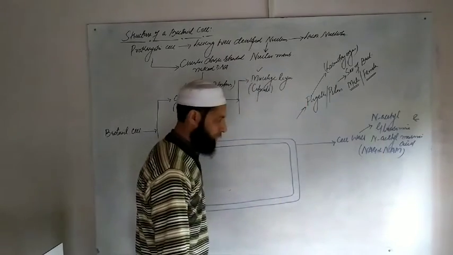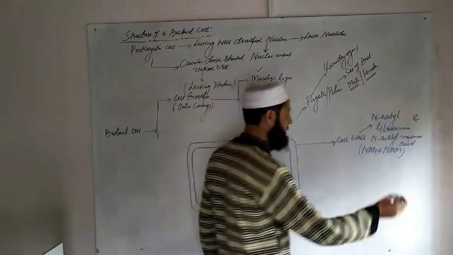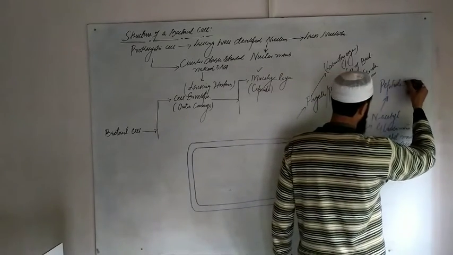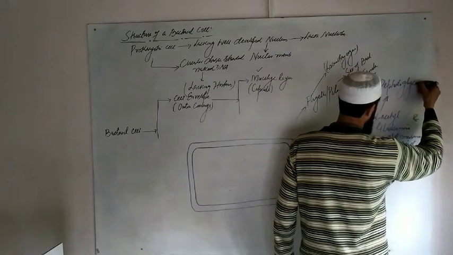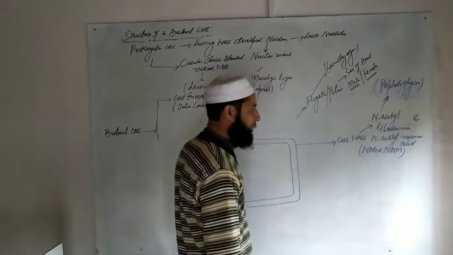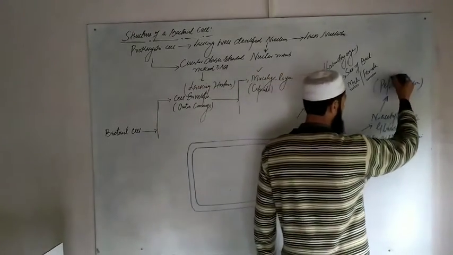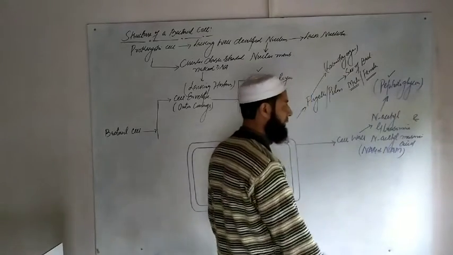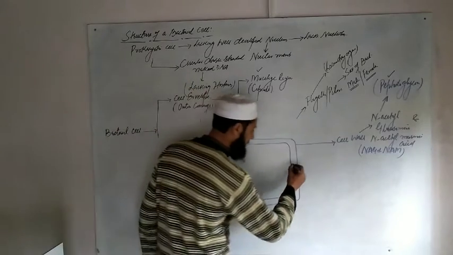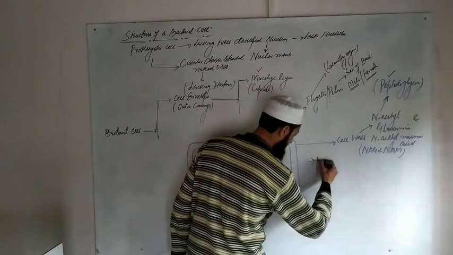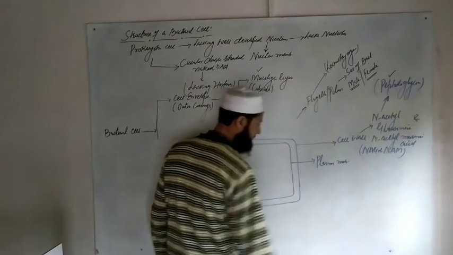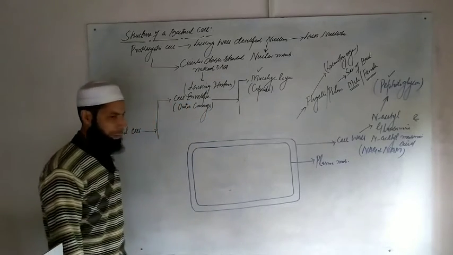These two components form a layer called peptidoglycan. These are two glycans, carbohydrates, linked together by peptide linkages. We call that peptidoglycan. It is the composition of the cell wall. Inner to the cell wall you have the membrane called the plasma membrane. It is made up of a lipid bilayer.